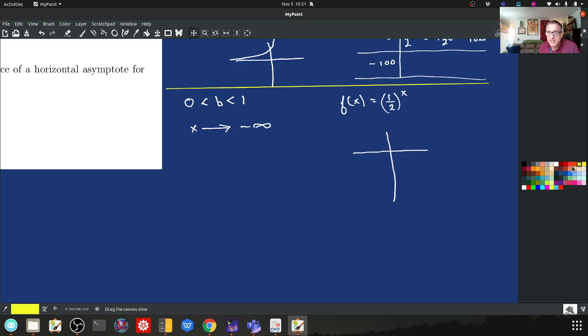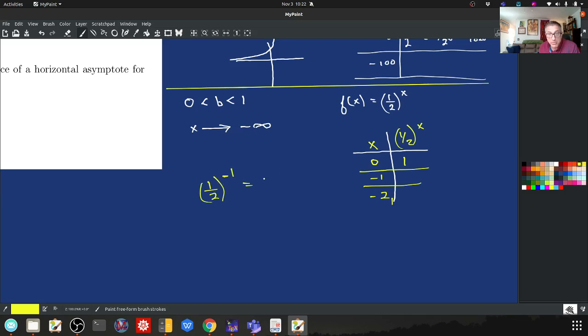So let's make a table of values for our x. The really important thing here with exponential functions is that we consider negative values. Let's just do these two. 1/2 to the 0 is 1. But what is 1/2 raised to the minus 1?